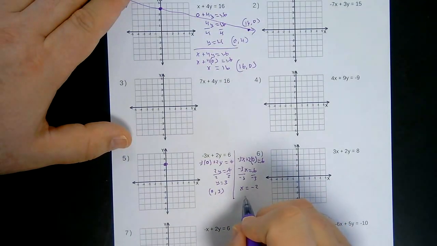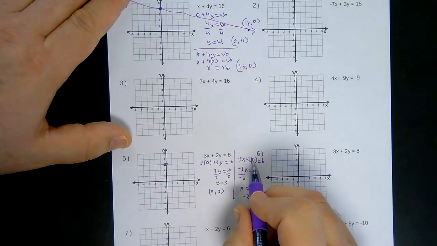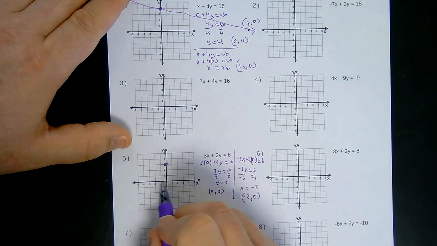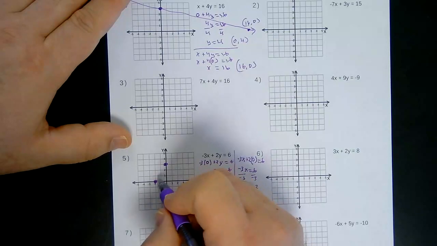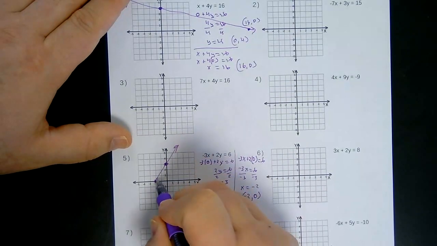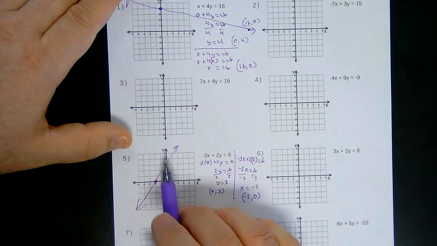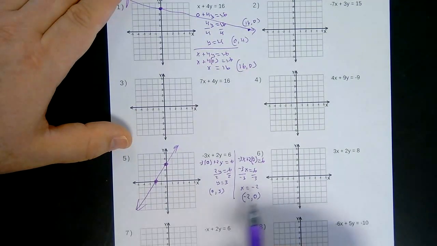So then this gives me the point negative 2, 0. So I plot that point, negative 2, 0, and draw my line. There we go. All done. Notice we get points that are on the x-axis and on the y-axis.